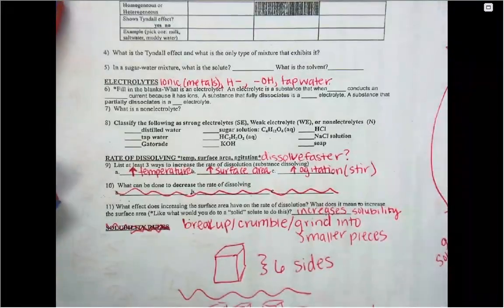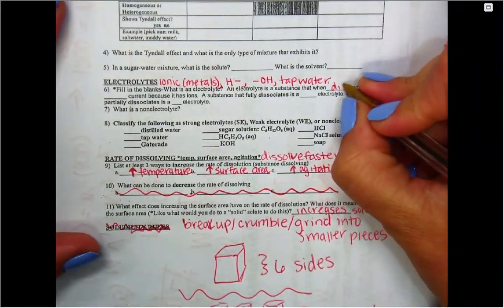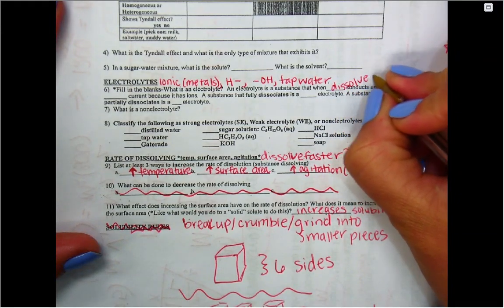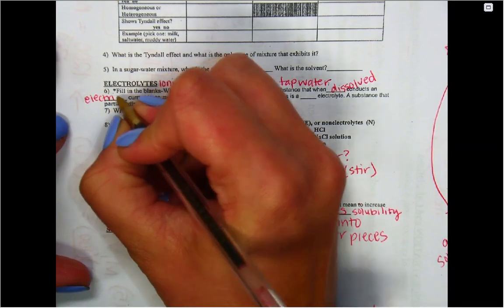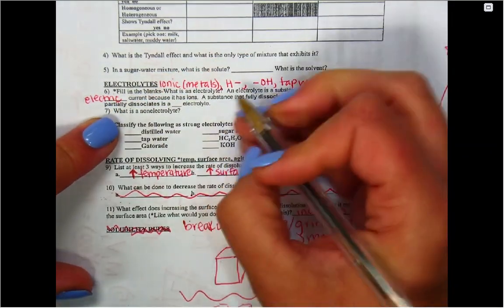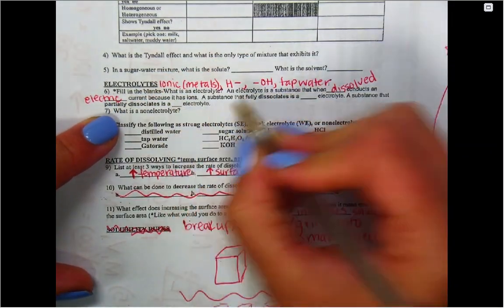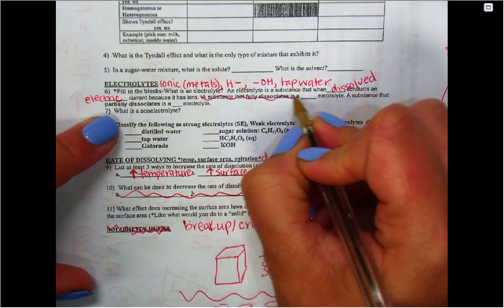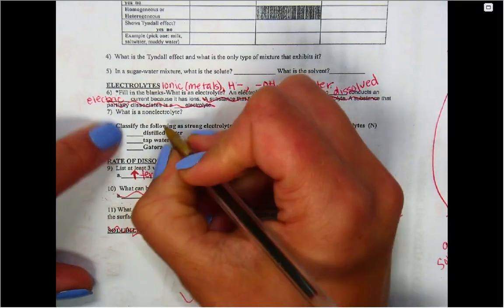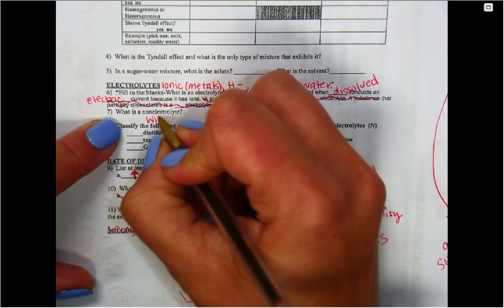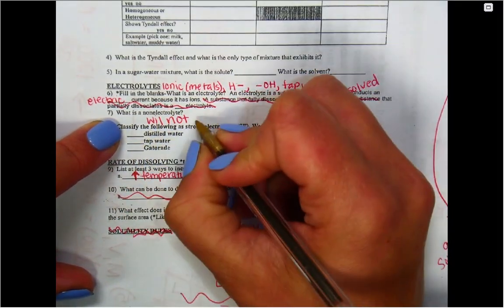All right, so an electrolyte is just going to be a substance that when dissolved conducts an electric current. So that's basic stuff. You guys already knew that part, okay, because it has ions. Don't worry about fully dissociating versus partially. I'm not going to ask you about that. A non-electrolyte will not conduct electricity.